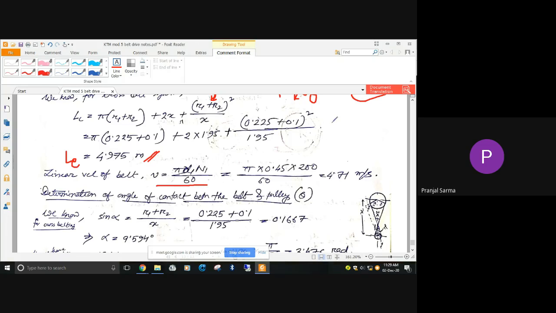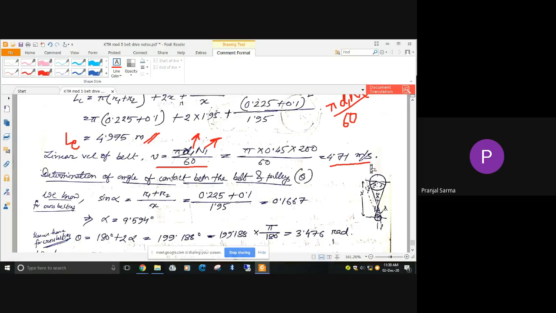So v equals pi d n by 60, where d1 and n1 correspond to the pulley we are considering. After putting in the values, n is already given as 200 rpm and d as 0.45 meter. So the linear velocity of the drive we have obtained as 4.71 meter per second.